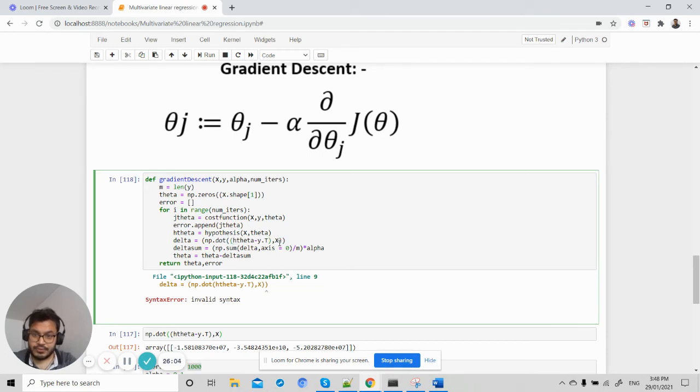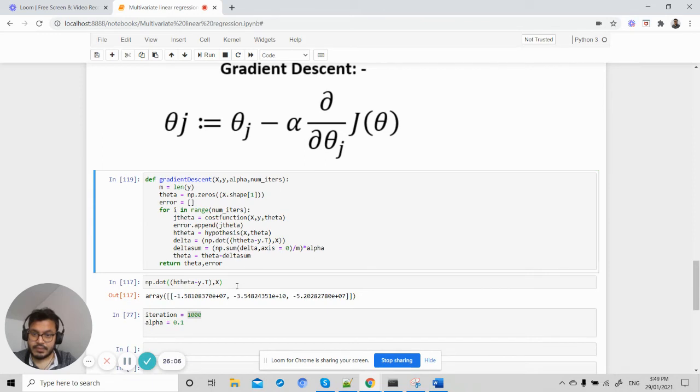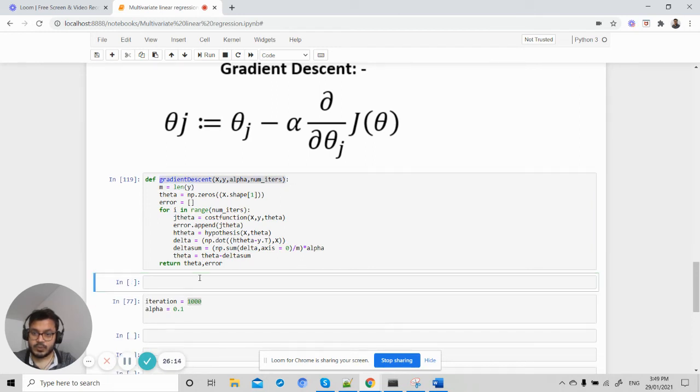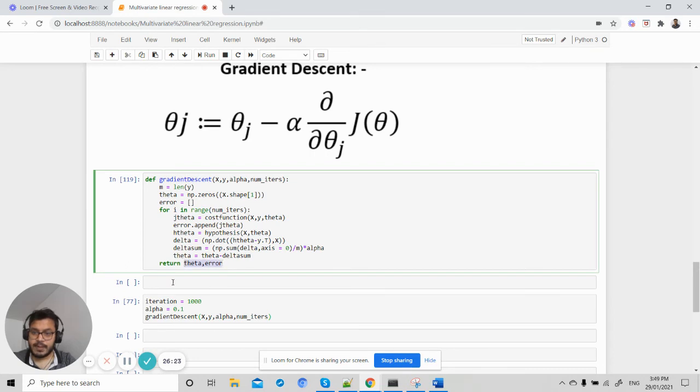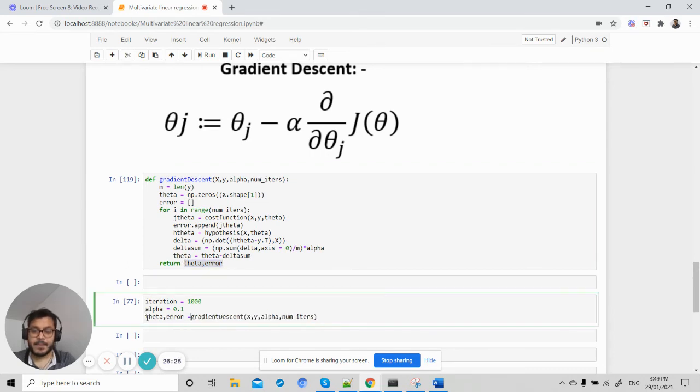Give one more bracket over here. Okay, so this is fine. So let's call this function. So my alpha is 0.1 and I have iterated.